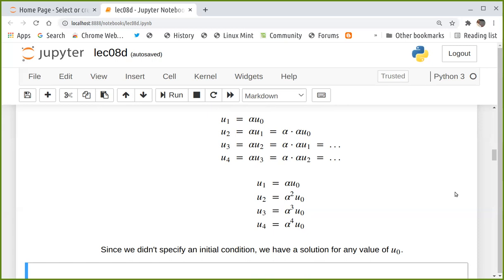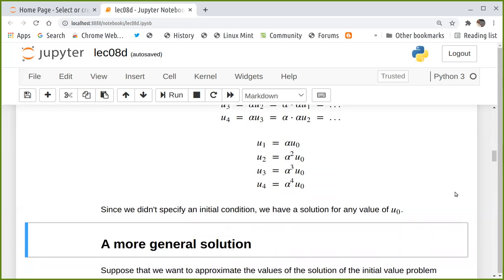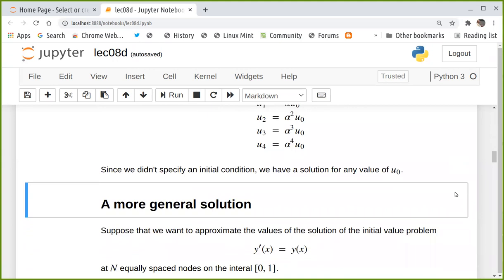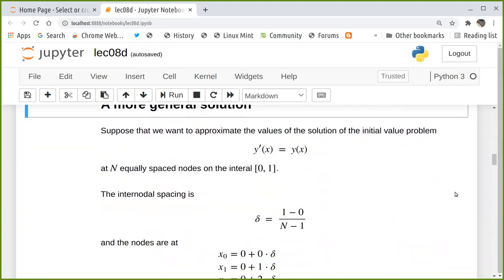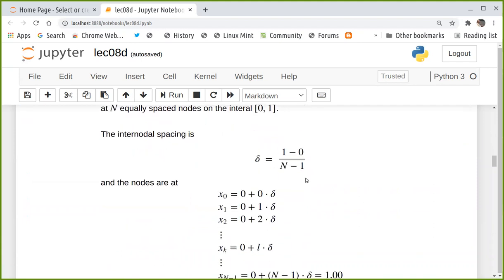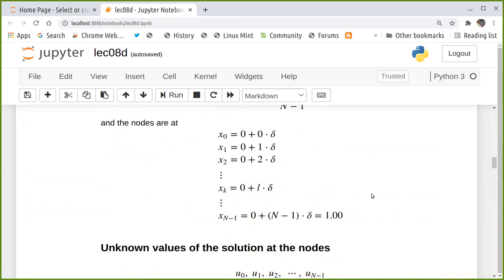Okay, so now I did that for 5 nodes, but I could do it for n nodes also, right? So what really changes is that delta is equal to 1 over n minus 1. Last time n was 5, but let's just call that n.